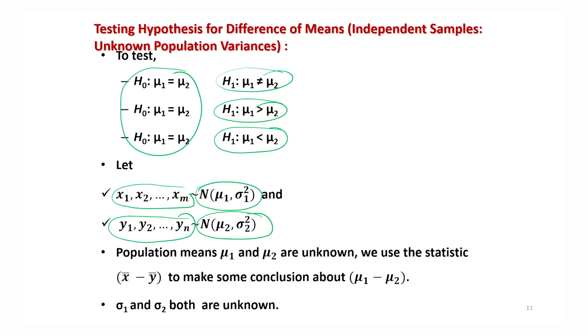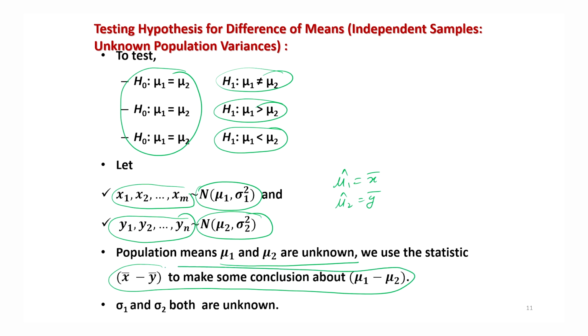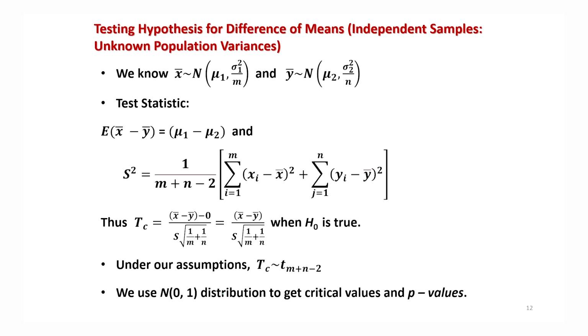And both mu1 and mu2 are unknown. So we try to estimate mu1 by x bar and mu2 by y bar. So I can use this x bar minus y bar to make a conclusion about mu1 minus mu2. Why? Because this null hypothesis can also be written as H naught: mu1 minus mu2 is equal to 0. So now both sigma 1 and sigma 2 are unknown, but they are assumed to be equal.